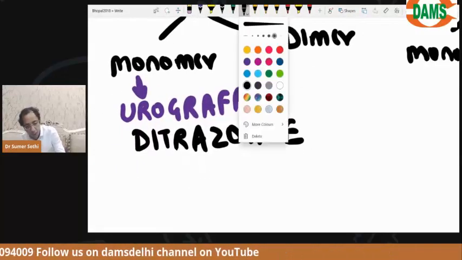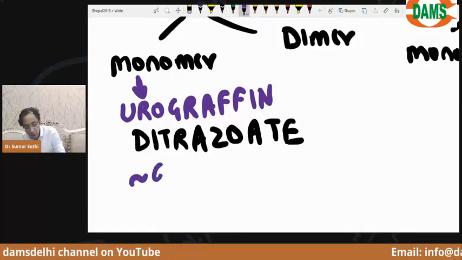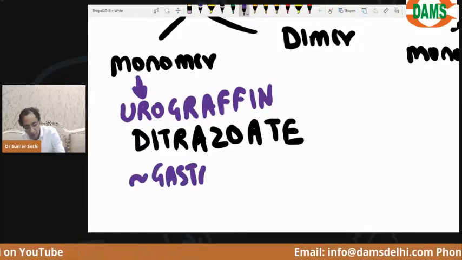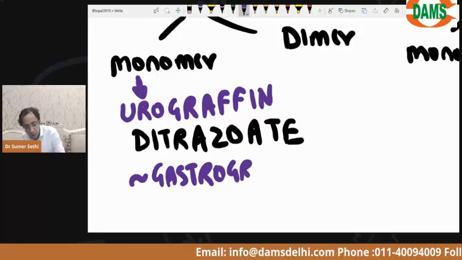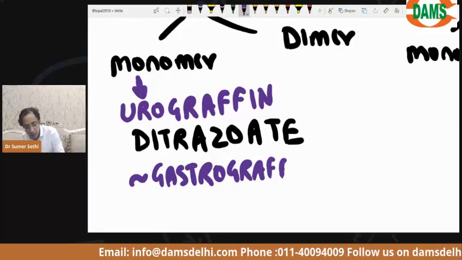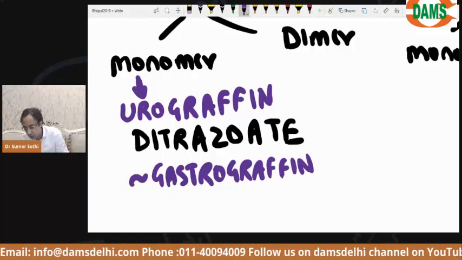And the orally taken form of diatrizoate is called gastrografin. यानी अगर यूरोग्राफिन में फ्लेवर डाल के if we make it orally acceptable we call it gastrografin.